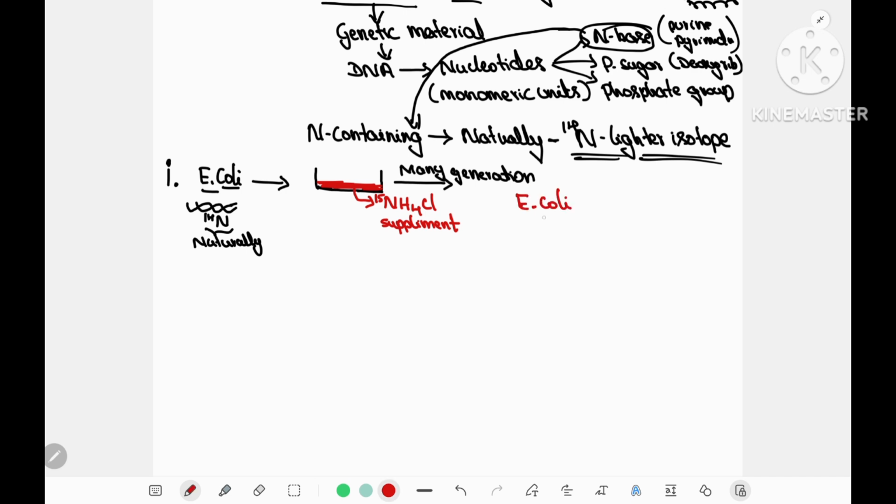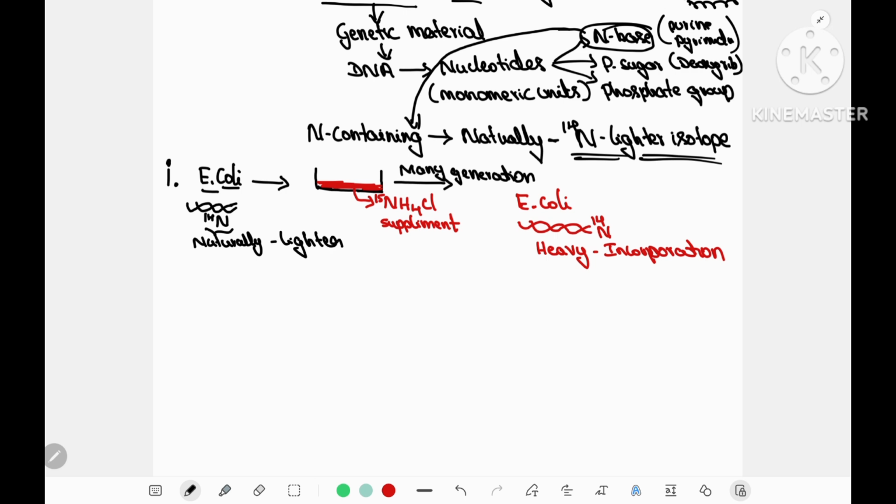The naturally present one was N14, but what they supplied is N15. So this was grown for many generations, providing nitrogen 15 isotope in the form of NH4Cl.